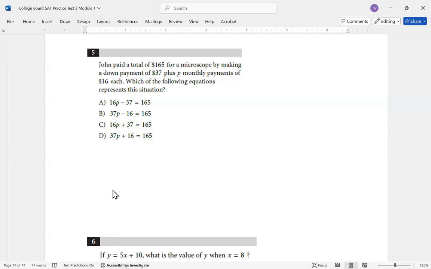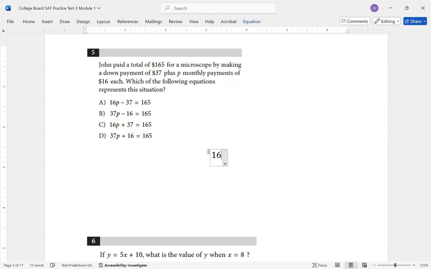Question 5. John paid a total of $165 for a microscope by making a down payment of $37 plus P monthly payments of $16 each. Which of the following equations represents the situation?